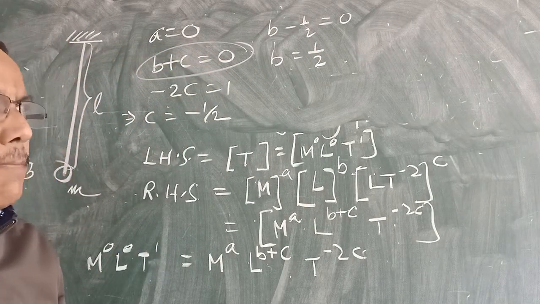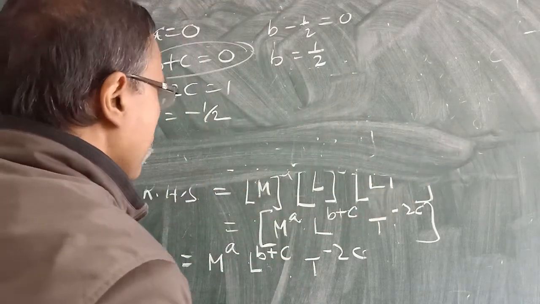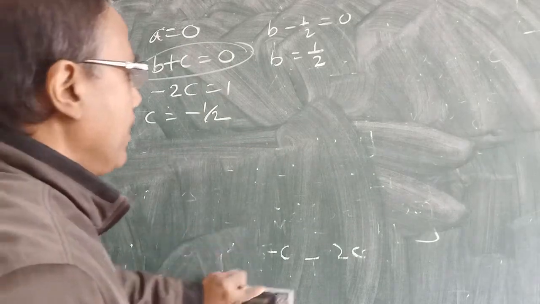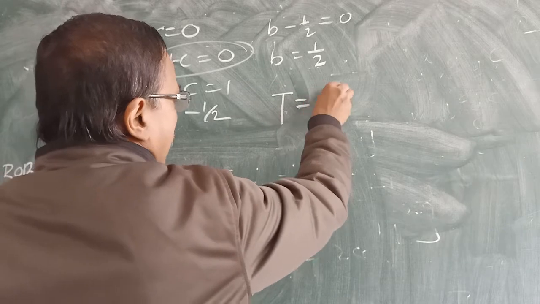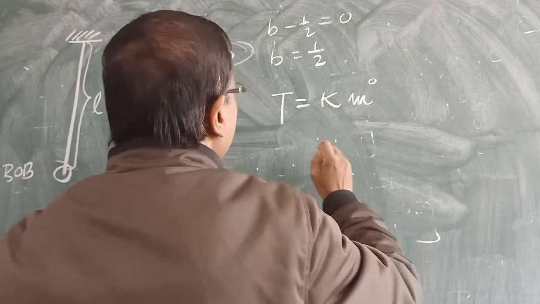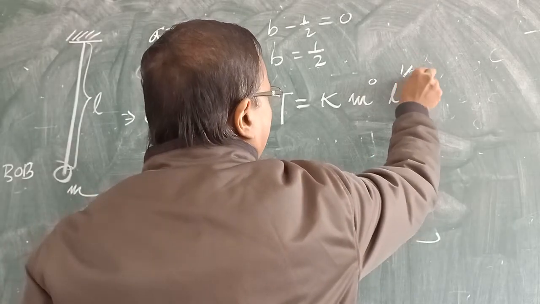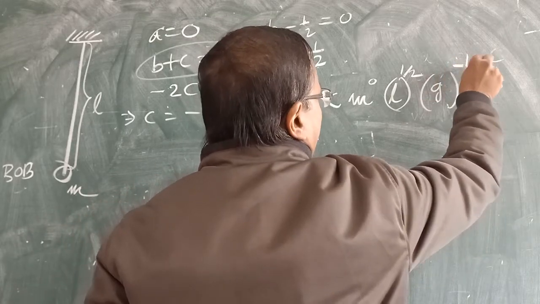If you put this back into the original equation, what do you get? The equation becomes T equal to K, then m to the power 0, then L to the power half, and you get g to the power minus half.